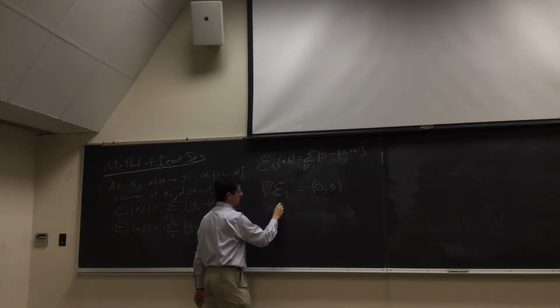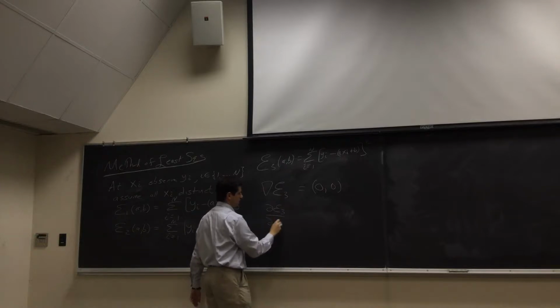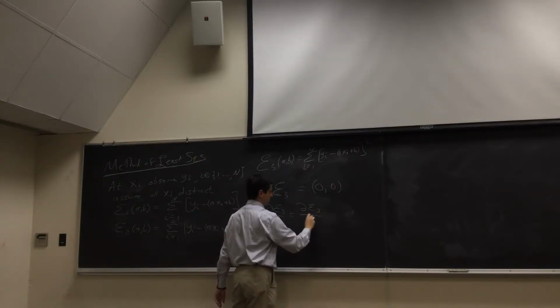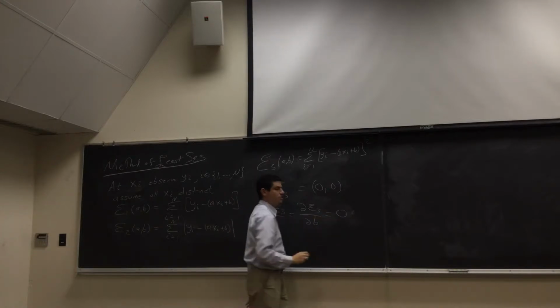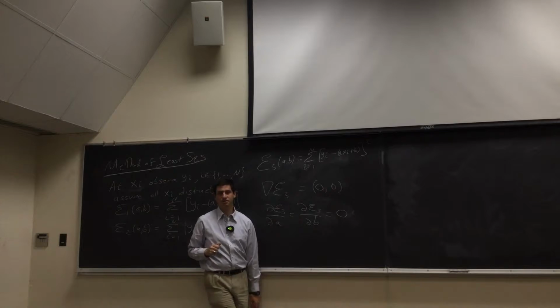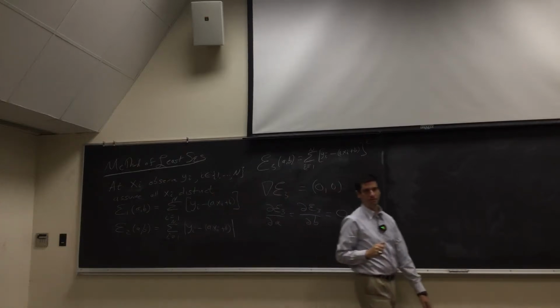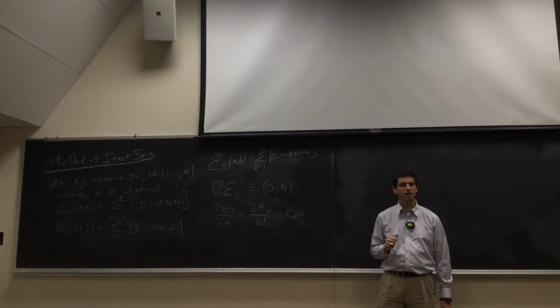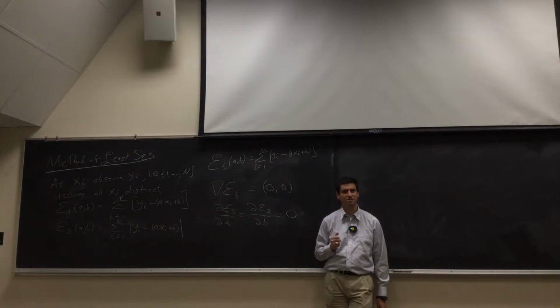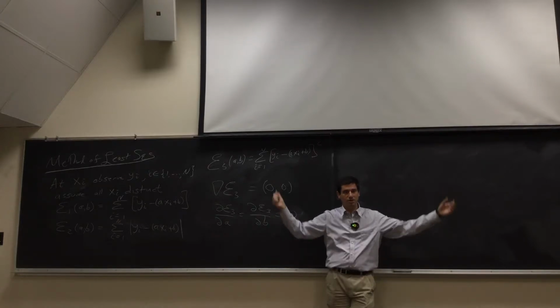Or more explicitly, dE3/da equals dE3/db equals 0. Do I have to worry about boundary conditions? We've talked about this before. I've run into the wall before. It hurts. Do I need to do that again? Is it possible that the best fit values of a and b will be at the boundary?